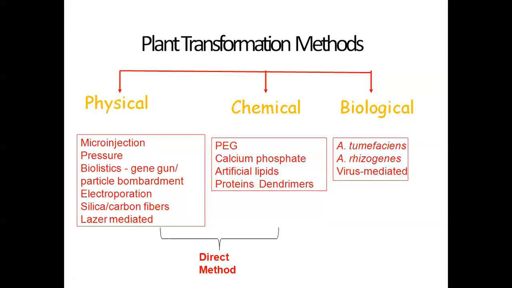You can directly insert the gene into the target species. Pressure or mechanical shock can also be used to insert it. The ballistic gene gun also works, where the bullet is nothing but the gene. So using the gene gun you can insert the genes into the plant.